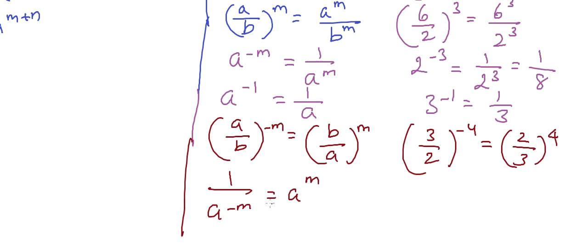So basically it's taking the reciprocal of the base. So 1 by 2 power minus 3 is equal to 2 power 3, which is equal to 8.